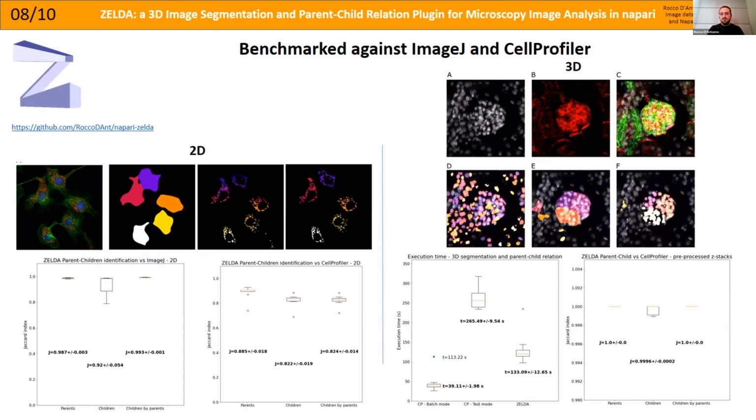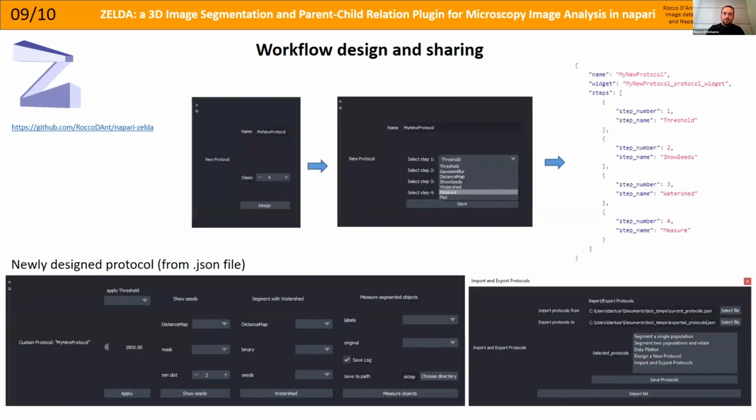So what I've done is try to give a simpler solution for the 3D image analysis that does not require a single line of code for the user, except the installation of Napari, of course. Now, in this plugin, it's also possible to export new workflows.